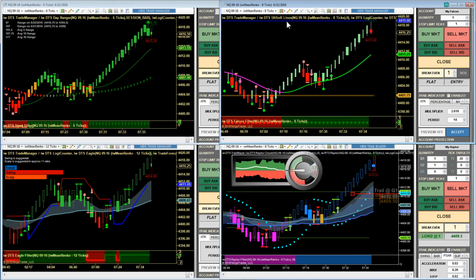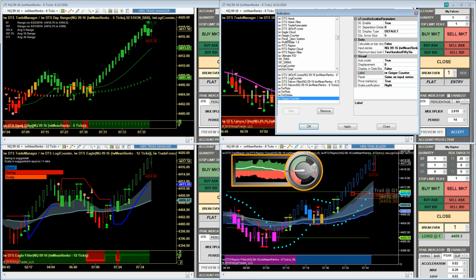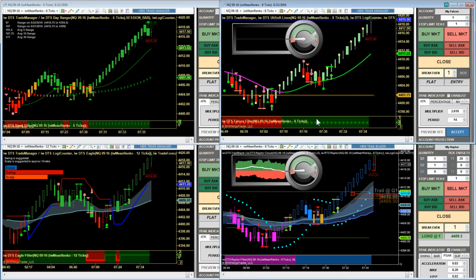I should mention as well that you see I've only got one of these tools on each of my charts. For instance, I only have the support and resistance suite here on the swing trader. I only have the Geiger counter on the Raptor. It's because they're redundant. It doesn't mean I can't put a Geiger counter on all my charts, or that I can't put the support and resistance lines on all my charts, or the trade forecaster on all my charts.